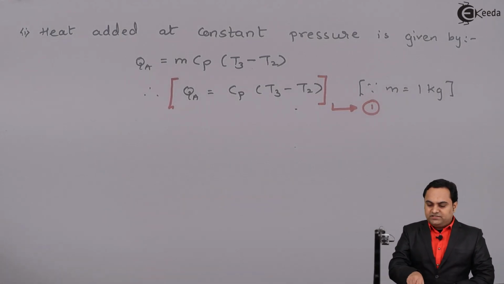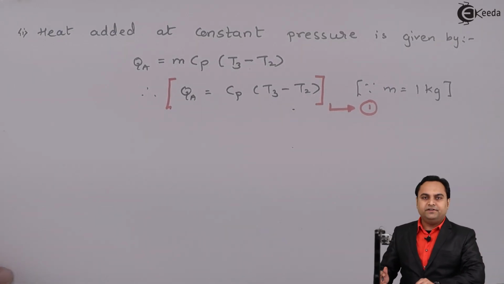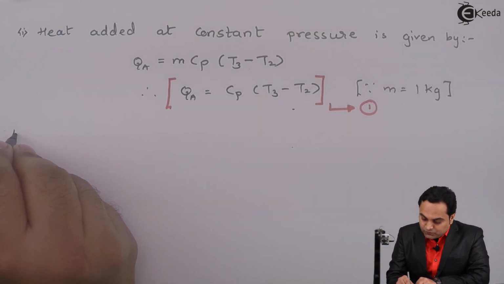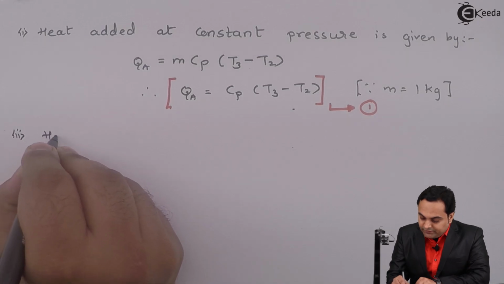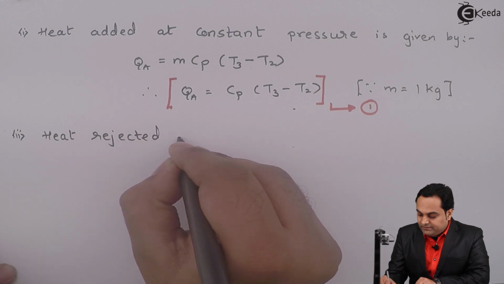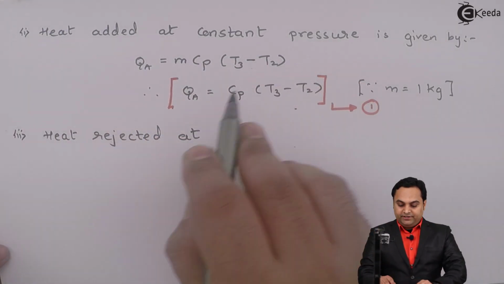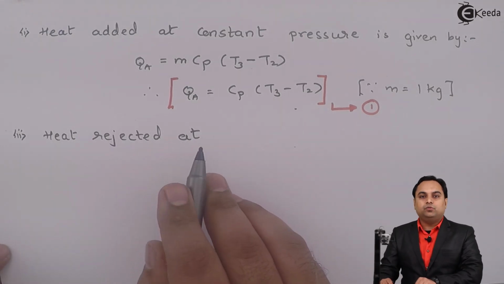So now, once I have written it for heat added, I'll write it for heat rejected. Heat added was at constant pressure, heat rejected is at constant volume.